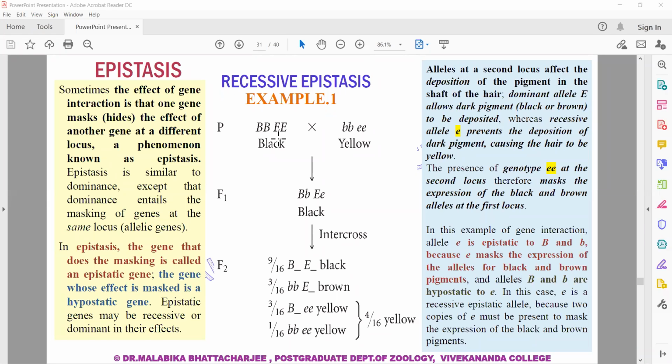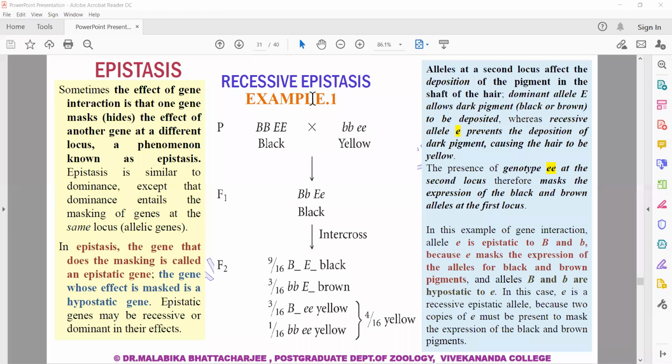So if the capital E allele is present and we have a capital B allele, B codes for black pigment, and the E allele now deposits this black pigment on the hair shaft, and thus the hair color becomes black.